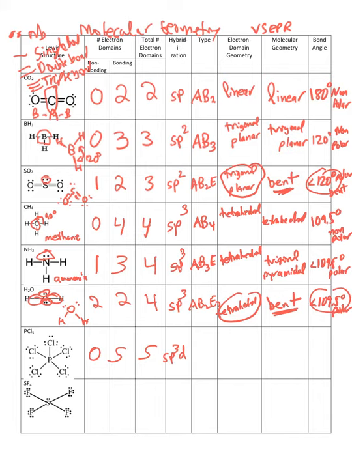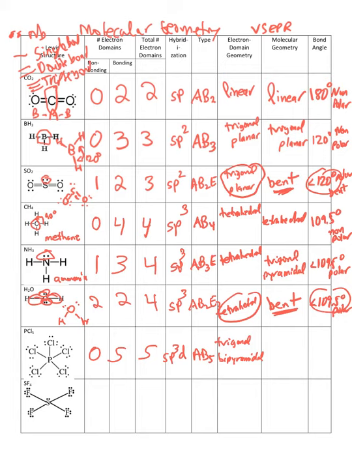The type will be AB5, and the electron domain geometry that this particular configuration will give us is something called a trigonal bipyramid, or a trigonal bipyramidal electron domain geometry.